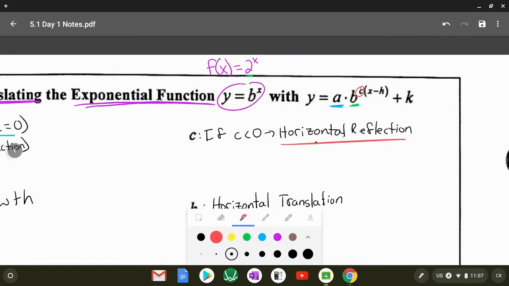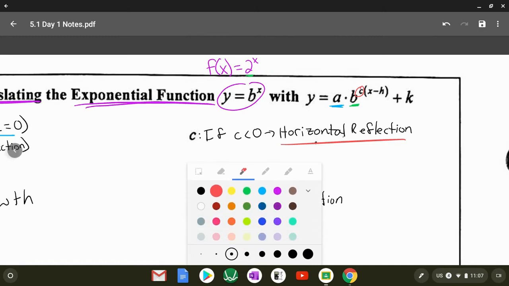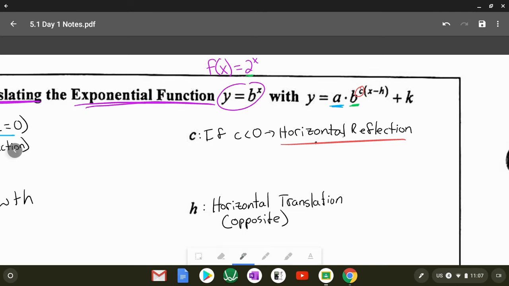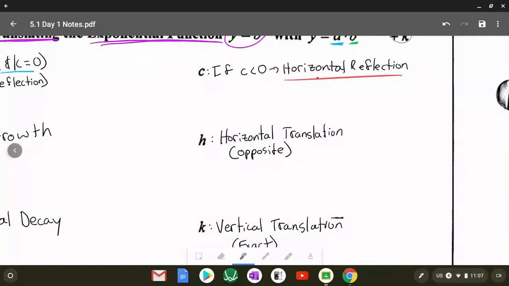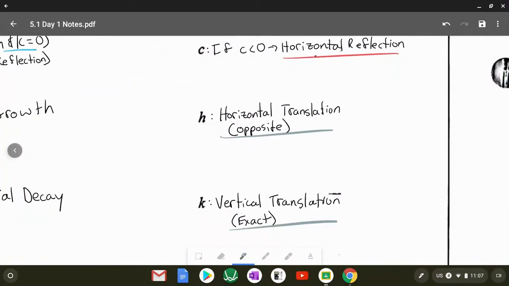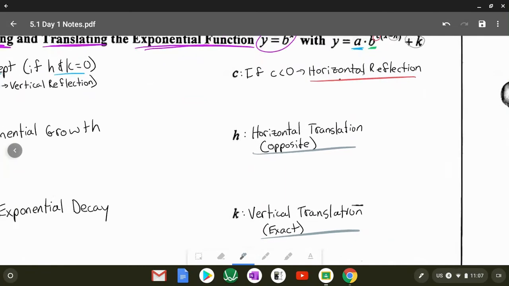And then finally, let's see if I have another color here. Finally, use gray. The H value and the K values are your translations, right? So just like when we did our square root functions and our quadratic functions, opposite inside, exact outside.